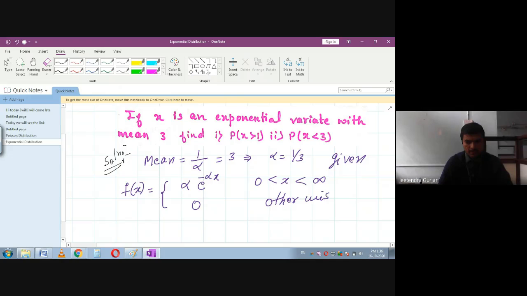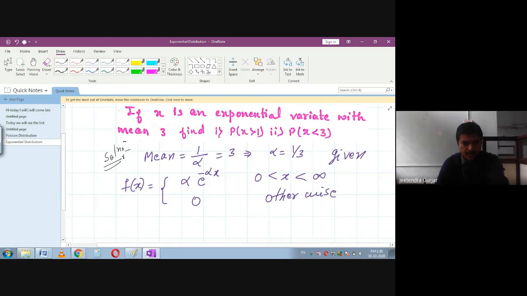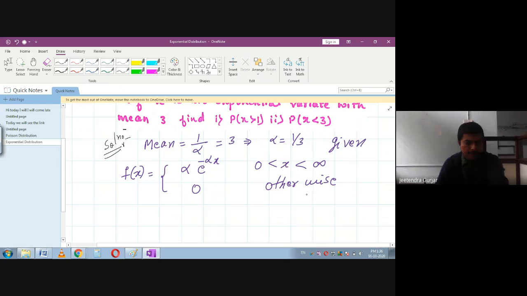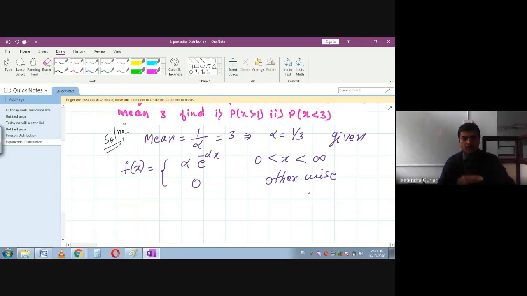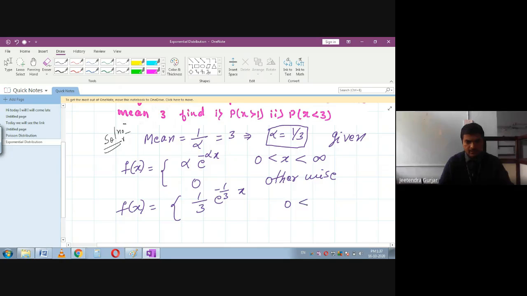I am writing the formula once again so that you remember it. Here we substitute the mean: alpha is 1 upon 3. Therefore, we get the exponential function f of x is 1 upon 3 e raised to minus 1 upon 3 x, where x is from 0 to infinity, and 0 otherwise.